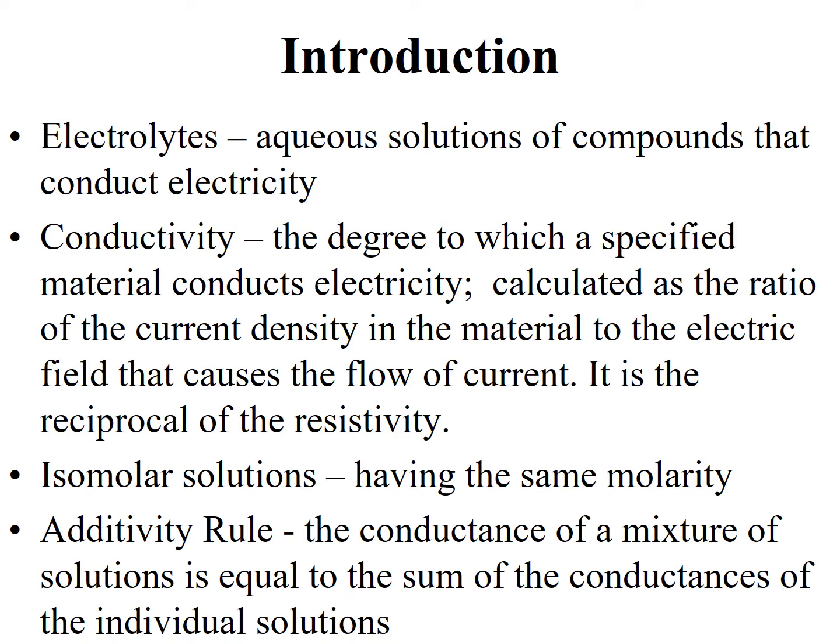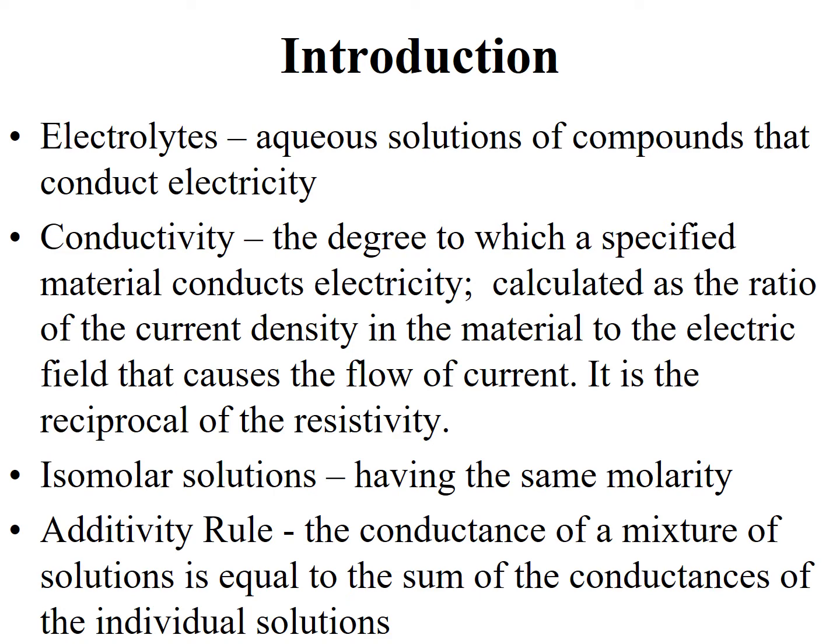You can classify electrolytes as either strong or weak electrolytes depending on how well they conduct electricity. Usually, the strong electrolytes are the salts, strong acids, and strong bases, while weak electrolytes are weak acids and weak bases. Compounds that don't conduct electricity, we call non-electrolytes.